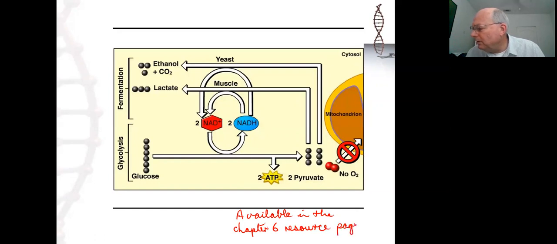And I would strongly recommend that you go and take a look at this animation because it gives you a very nice overview of the two different types of fermentation. It's not as pretty as the Bioflix animation, but it still gives you a really nice overview of the two different types of fermentation. We will talk about them here, but looking at the animation is often beneficial if you like that sort of thing, if that's helpful.